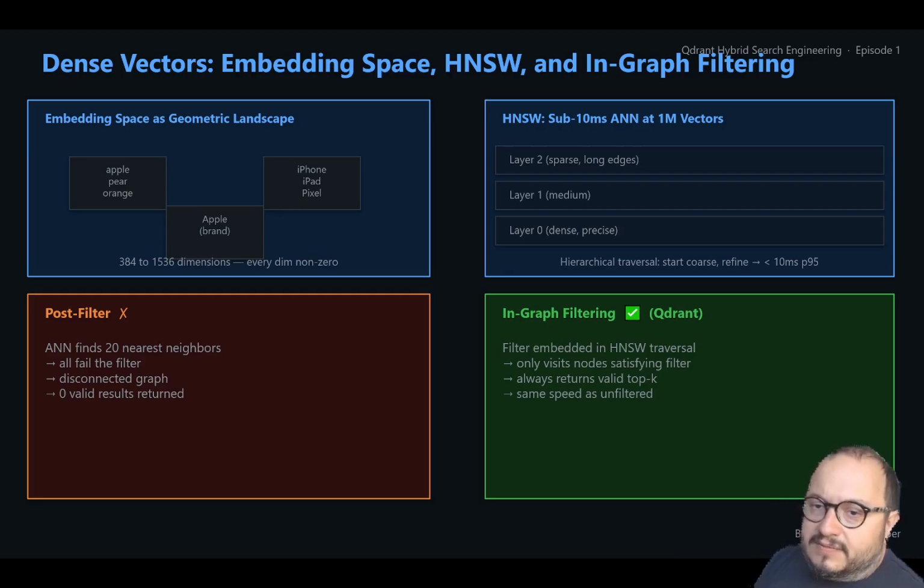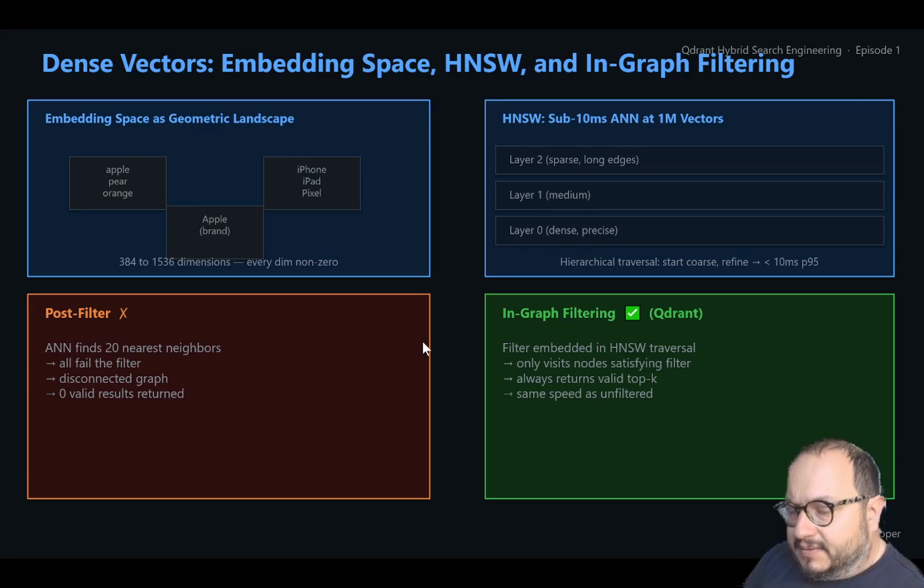Qdrant solves this with in-graph filtering. The filter conditions are embedded directly into the HNSW graph traversal. The algorithm only navigates to nodes that satisfy the filter. This guarantees valid top-k results and is one of the key architectural advantages Qdrant has over simpler HNSW implementations.